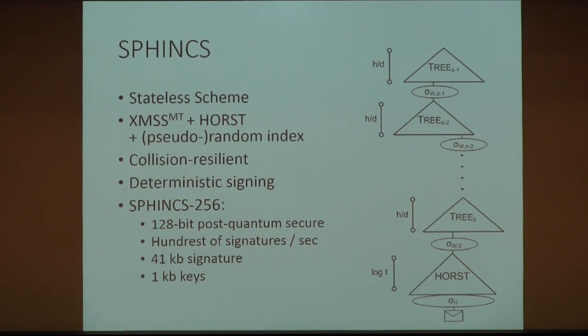And the advantage is this allows us for every signature to simply generate a pseudo-random index, and then we use the few-time signature scheme at that index to sign a message.